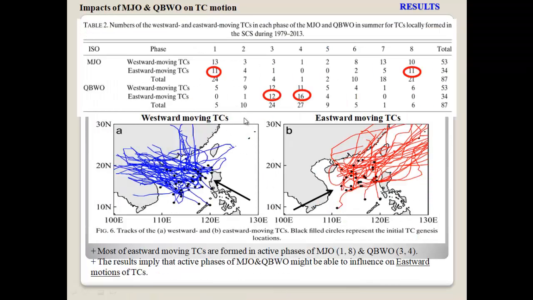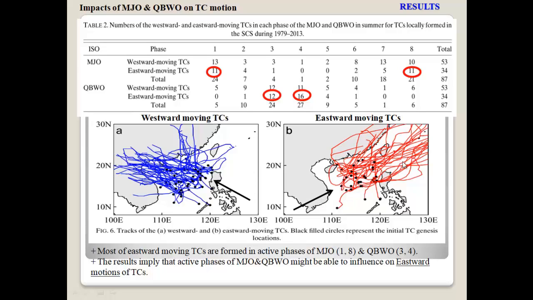This slide shows the relationship between the MJO, QBWO, and TC motion. We can see in the active phase of MJO, phase 1 and phase 8, the number of TCs moving eastward is very high, 11. TC moving eastward means it moves from west to east in this picture.